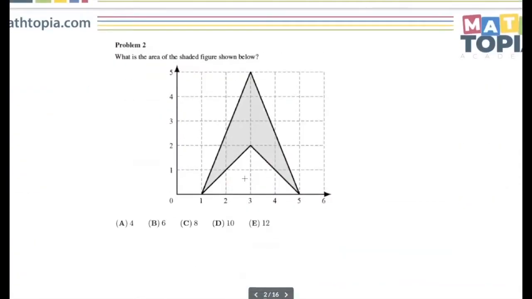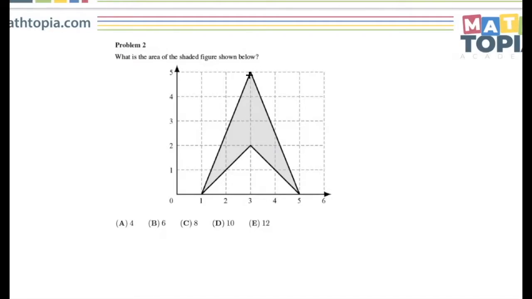Moving on. Problem 2. What is the area of this shaded figure? It's this sort of arrow shape. What I can see is that we don't know the area of this, right? We don't have any closed expressions that represent the area of an arrow, but we can divide it into triangles in more than one way.